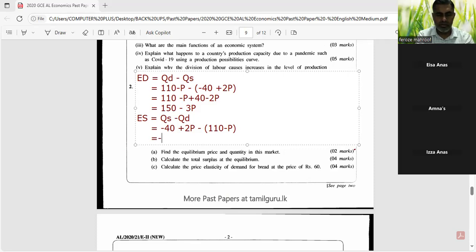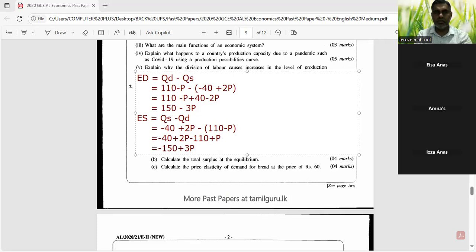So minus 40 plus 2P. With this minus, we are removing the bracket. Minus into minus is plus P, then minus 40 minus 110. So minus 150 plus 2P plus P, that means 3P.